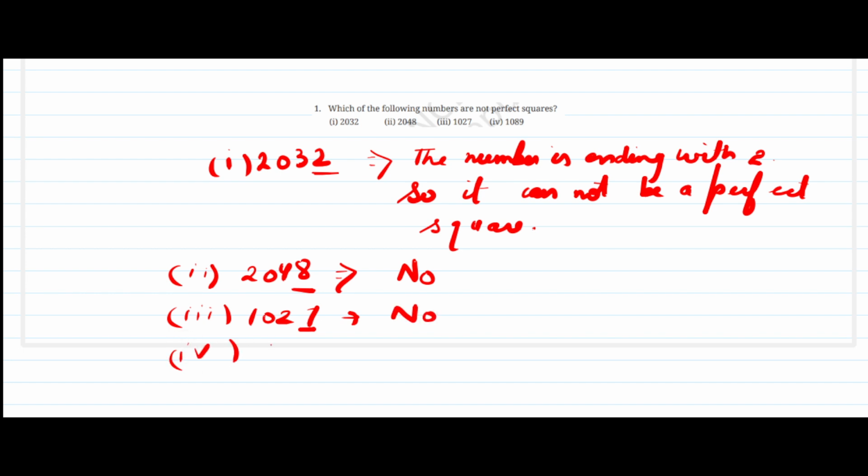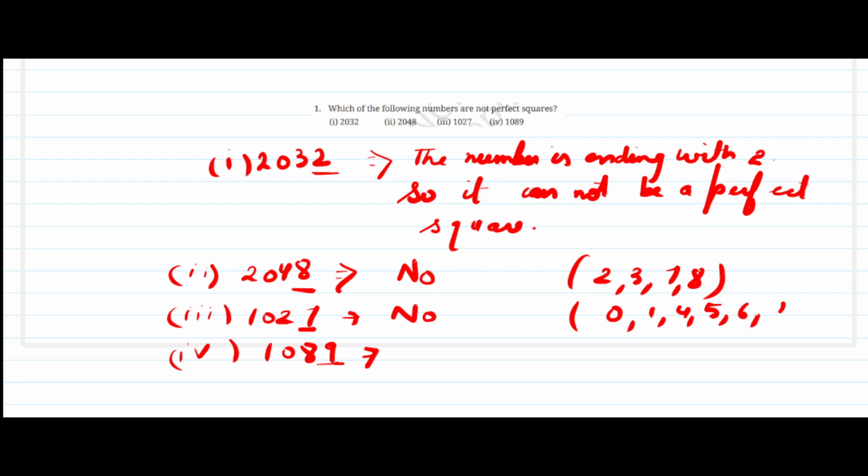Lastly, 1089. The number is ending with 9. Now this is a game changer. You are not getting anything from 2, 3, 7 and 8. This is from the second group, 0, 1, 4, 5, 6 and 9.